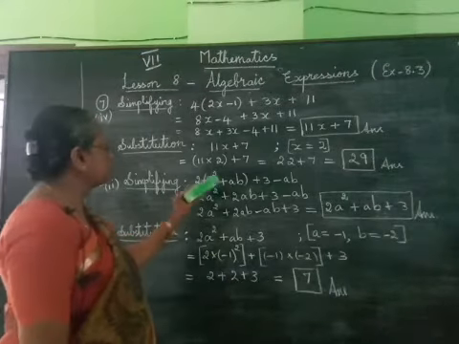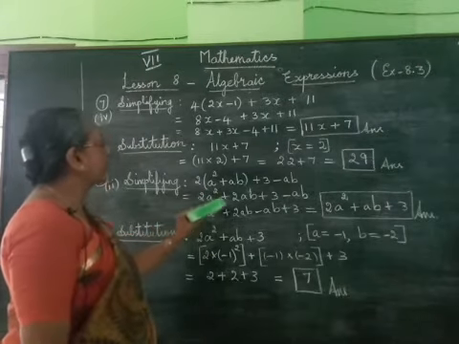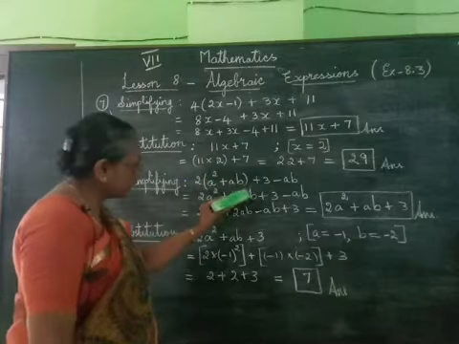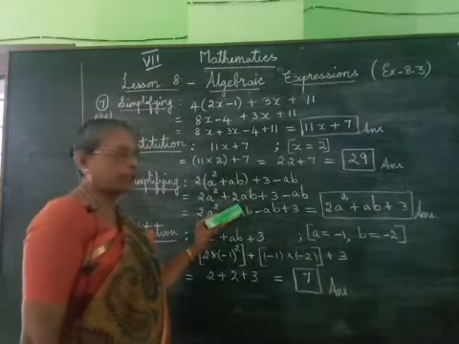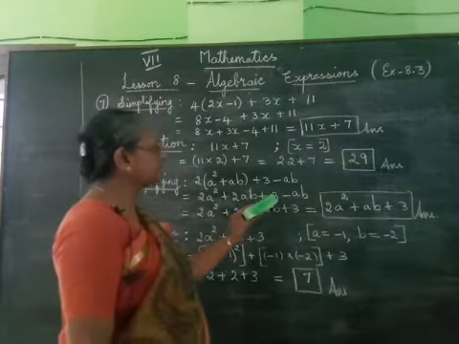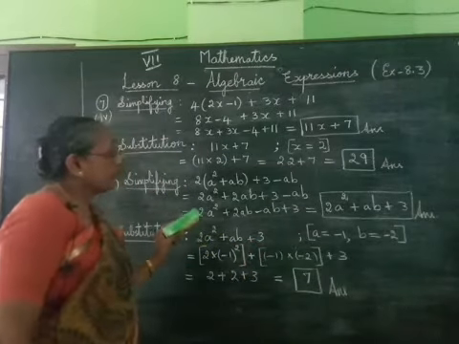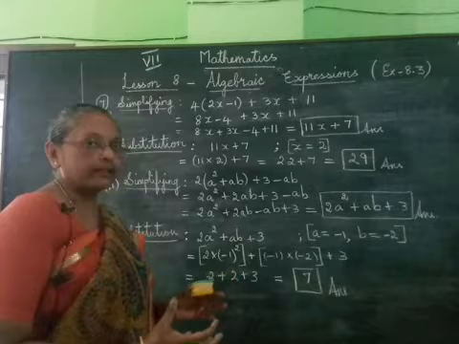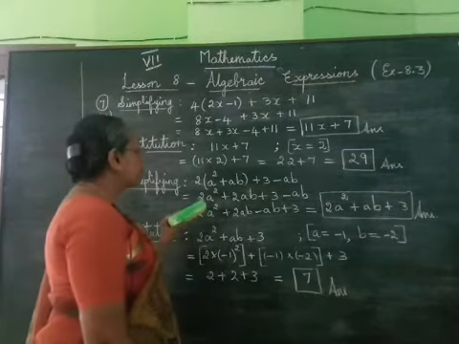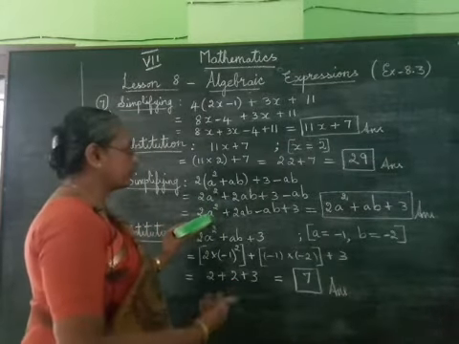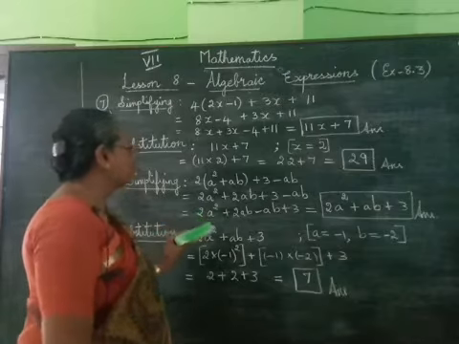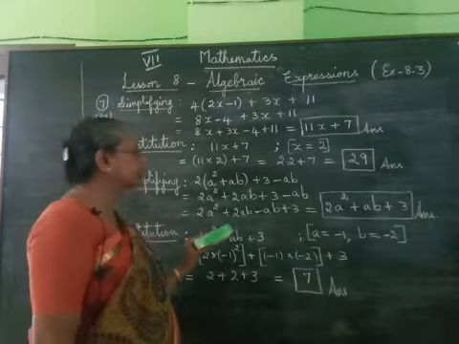So, the second substitution we are taking, which is 2(a² + ab) + 3 - ab. Here, as we did in the earlier sum, first we have to open the bracket. So, it is 2 into a², 2a², plus 2 into ab, which is plus 2ab. Then we have plus 3 minus ab as it is. Now, collect the like terms together as we did earlier. So, 2a², there is no other like term for a². We are writing 2a² as it is.